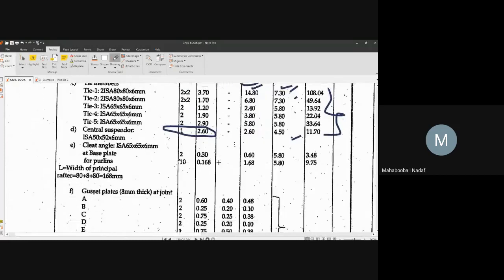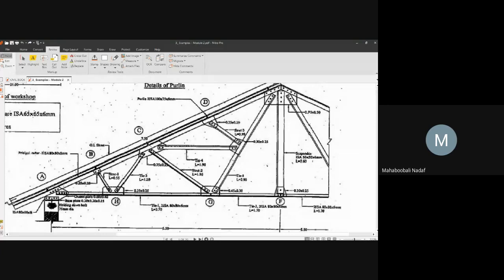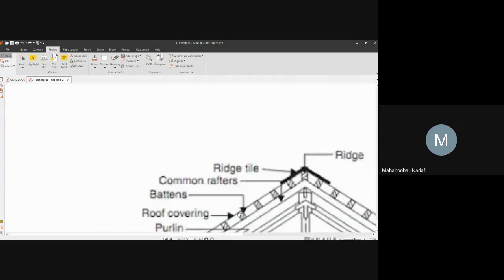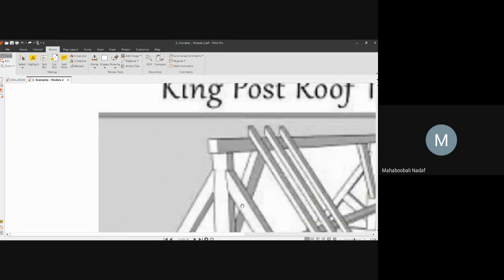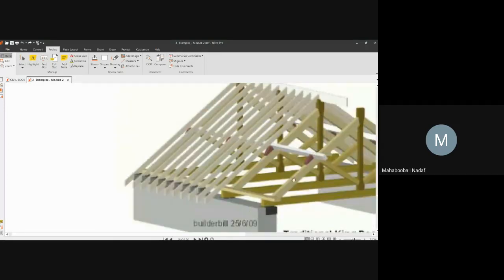Now, cleat angle, very, very important. How to calculate cleat angles? Cleat angles are small portions, like this. In this cross section, we have seen this brownish pinkish color.